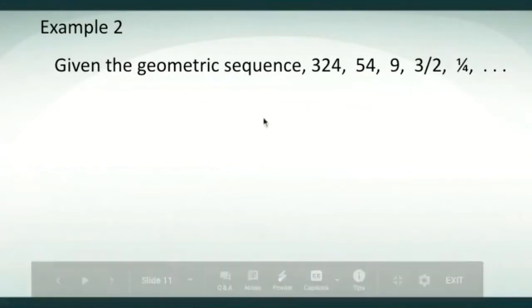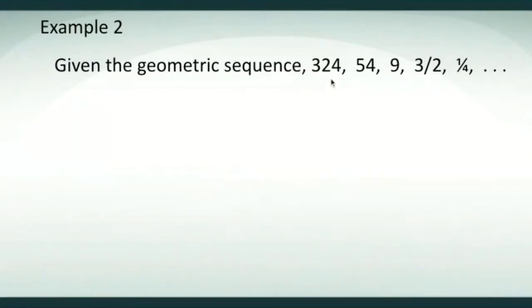Given the geometric sequence 324, 54, 9, 3/2, 1/4, and so on. What do you notice in the sequence? It's decreasing. Okay, now, can we still find the common ratio even if the sequence is decreasing?